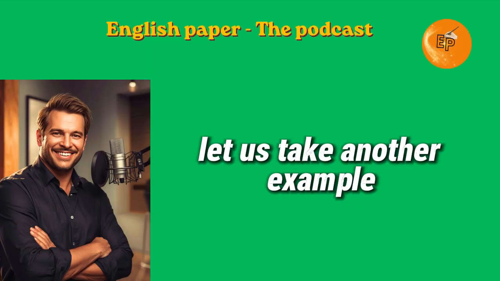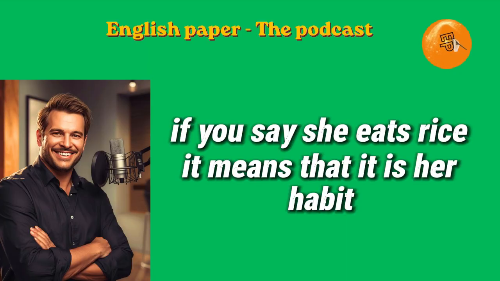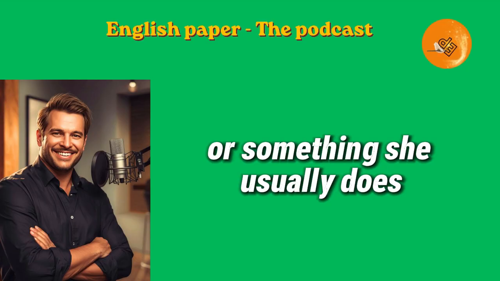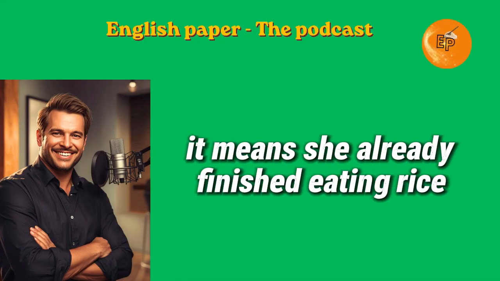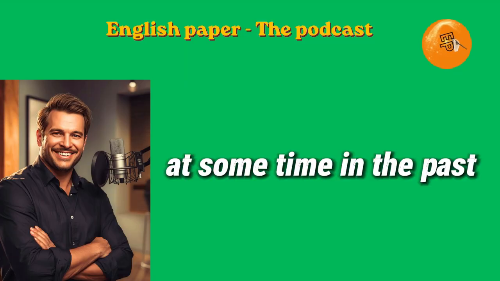Let us take another example. If you say, she eats rice, it means that it is her habit or something she usually does. But if you say, she ate rice, it means she already finished eating rice at some time in the past.